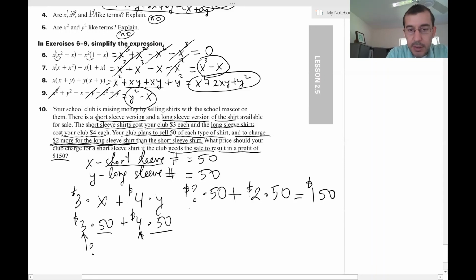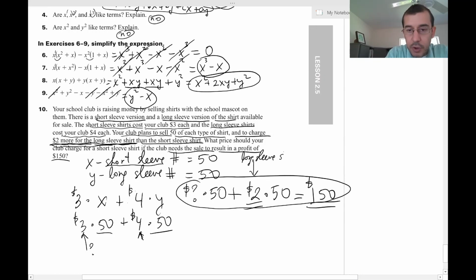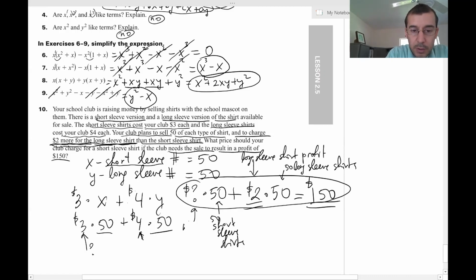Okay, this is basically the equation that we have to solve. We have to make $150 profit. We're making $2 profit from the long sleeve shirts, and we have 50 long sleeve shirts, and then we have 50 short sleeve shirts.